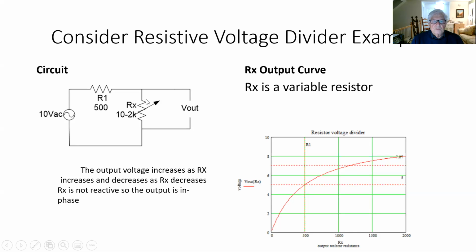And as we change the resistance, of course, the voltage increases. As our resistance increases, our voltage will increase, and so forth. I times R is voltage.